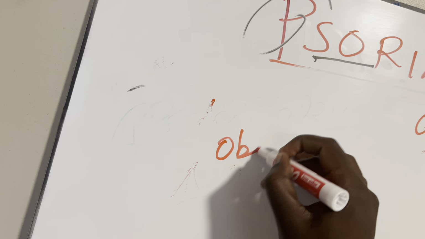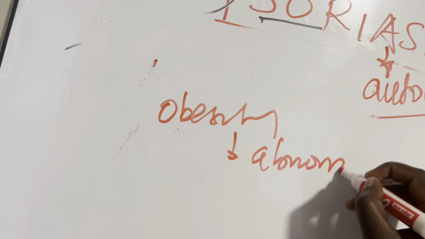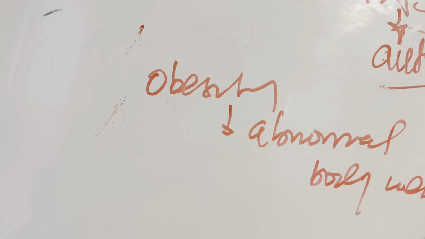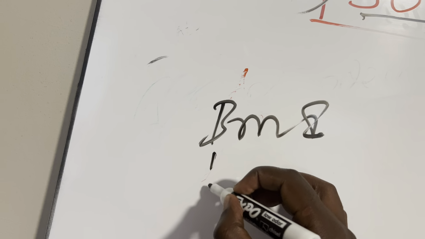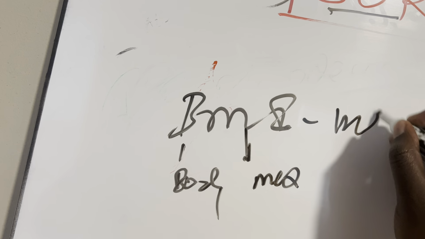So how do you define obesity? Obesity is basically abnormal body weight. We usually find this through what we call BMI, that is body mass index.